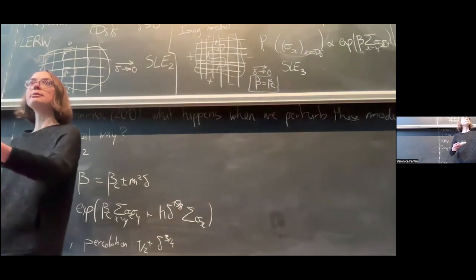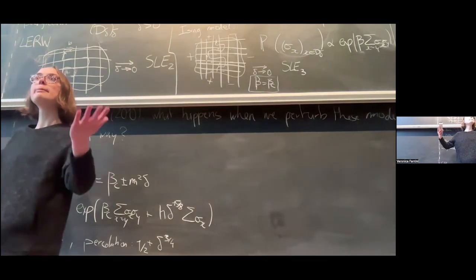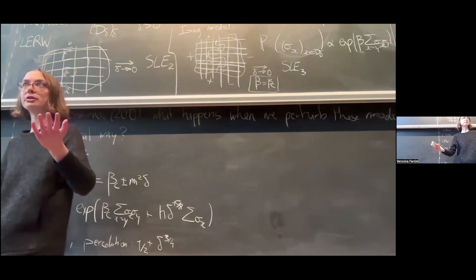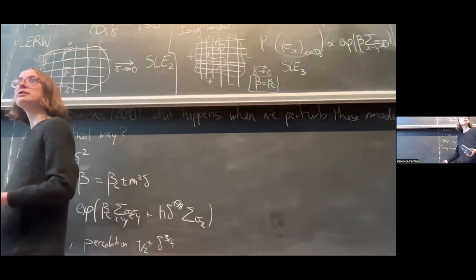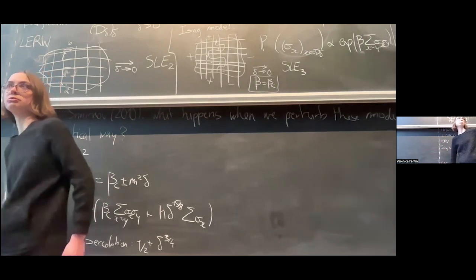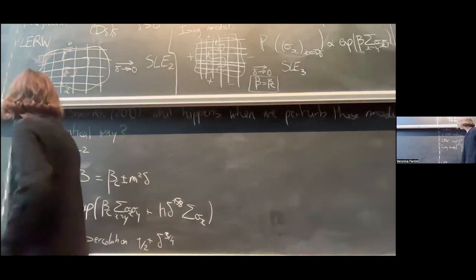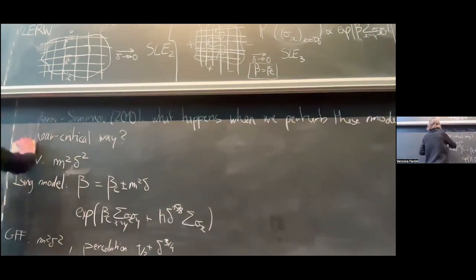You can ask the same question: what happens if I have a massive GFF and impose those minus lambda boundary conditions? It turns out you can describe the interface in that case, and it is a massive version of SLE4. But we can talk about this after, if you want.